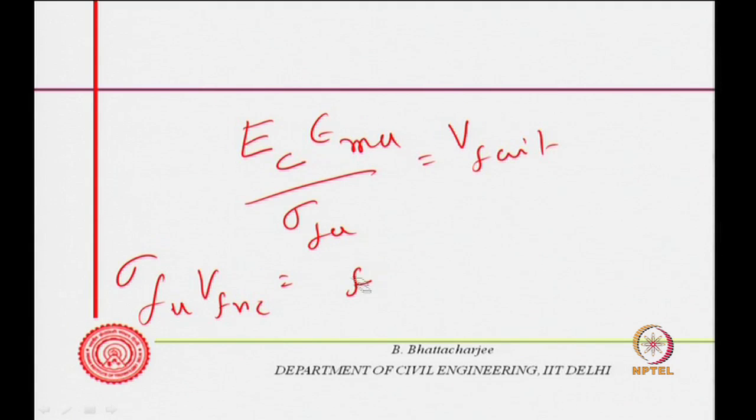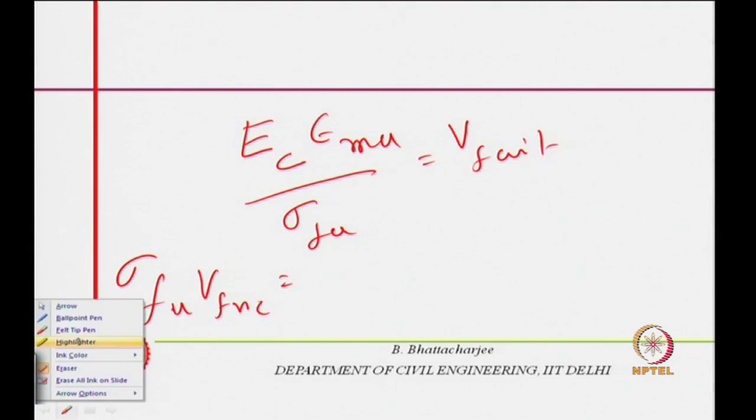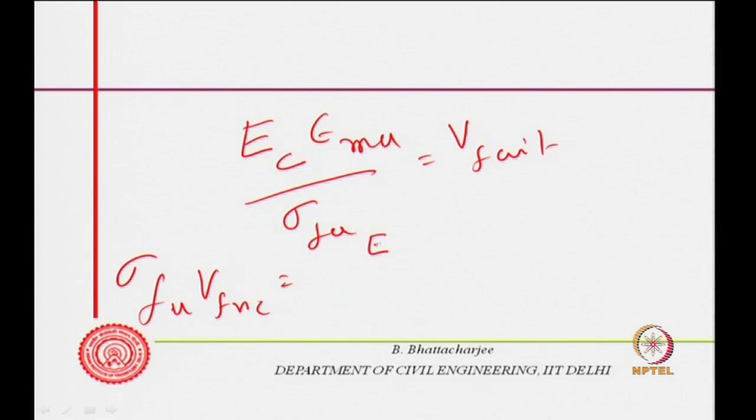So, E c I wrote as the composite E, which was E of the f V f epsilon mu plus E m epsilon mu into 1 minus V f.